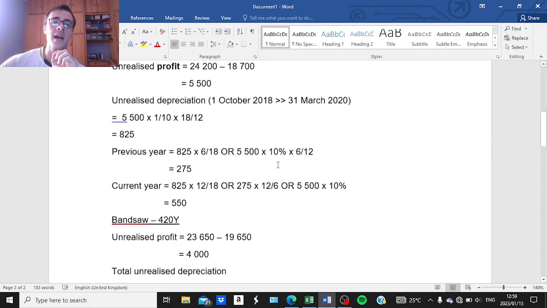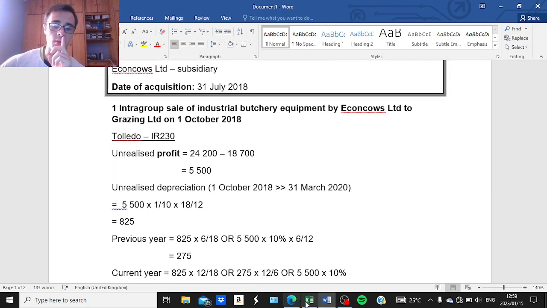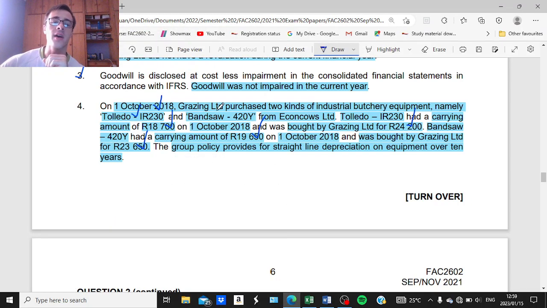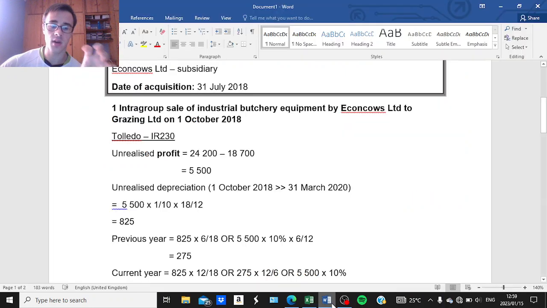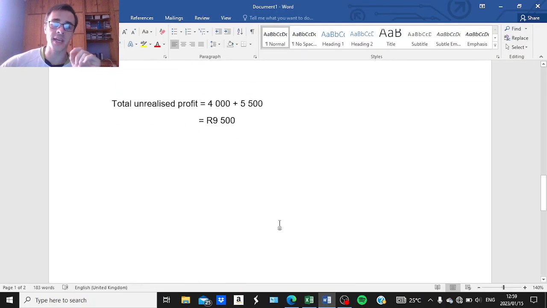We know that Econ Cows Limited sold the equipment intergroup. So therefore, Econ Cows Limited, the subsidiary, made the profit in a previous period. So we need to decrease the actual profit made by Econ Cows Limited in the previous year by decreasing their retained earnings account.